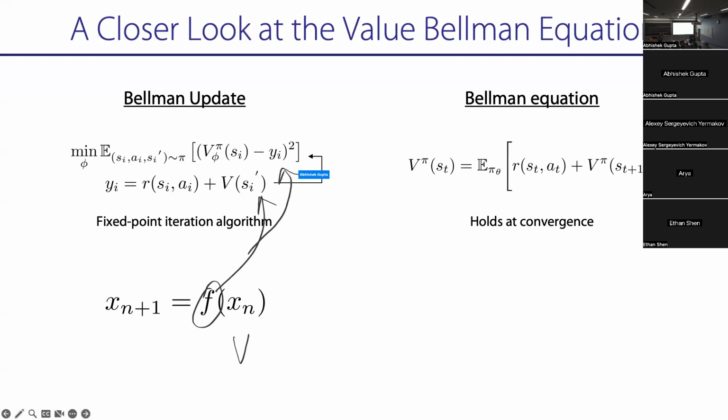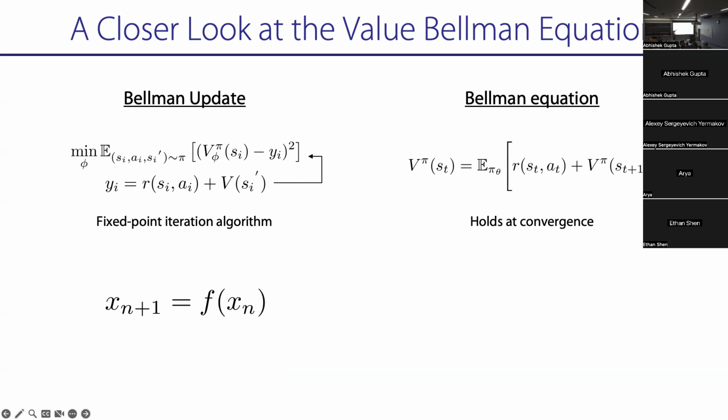That takes us from V_i to V_i plus 1. We repeatedly apply this procedure. I want to emphasize that it looks like gradient descent, but it's not. It's an instance of the fixed point iteration algorithm.